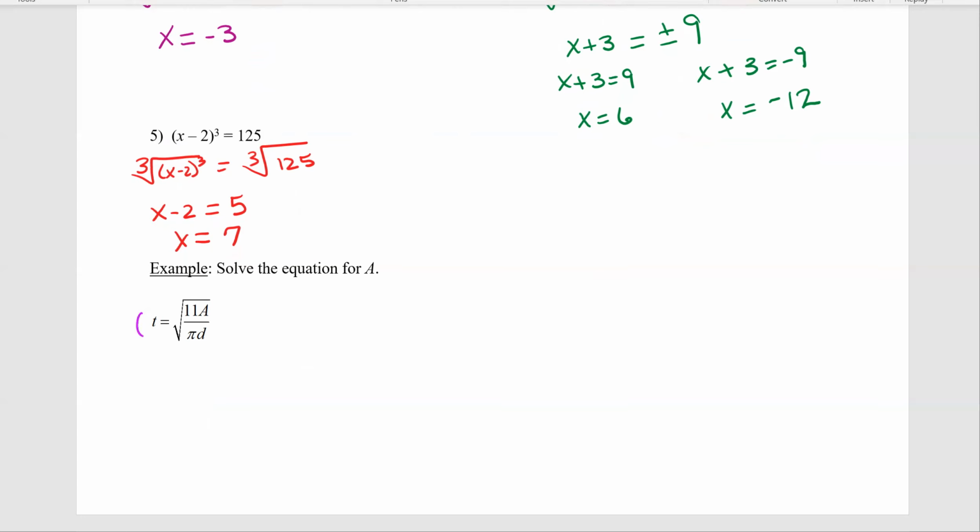So let's square both sides. Multiply both sides by pi d. And divide both sides by 11.